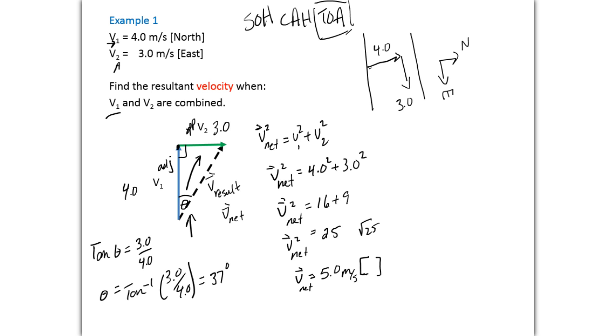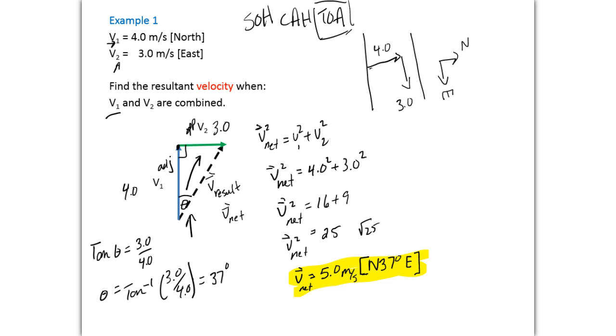So take note of how you're doing this. The direction you're going is north, so you're heading north, but the river's pushing you off course by 37 degrees, and the direction it's pushing you is east. So that's your net result.